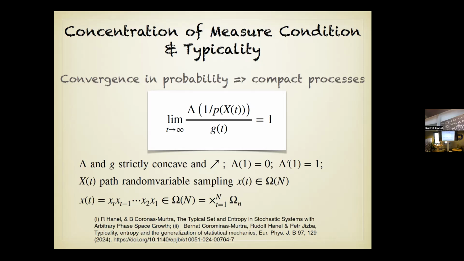And if you go to a generalized logarithm, this has actually been used to define what has been called the dual logarithm. So if you have some generalized logarithm lambda of x, a monotonic concave function with lambda of 1 being 0 and lambda prime of 1 being 1, then the dual logarithm would be minus lambda of 1 over x.